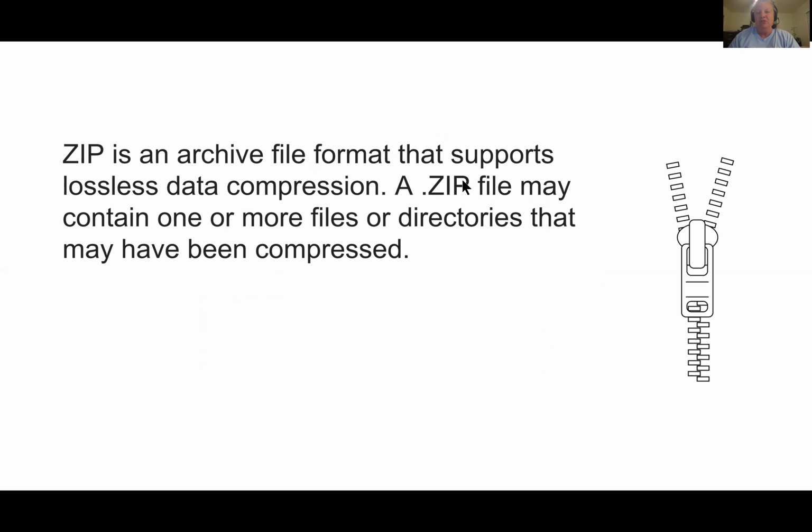Now, zipping a file is really easy. All you have to do is right-click on the file, and a menu comes up, and one of the options is compress. You do it a little bit differently on a Mac or a PC, but it's very powerful because you can compress the data, and you can send that data easily to somebody else.